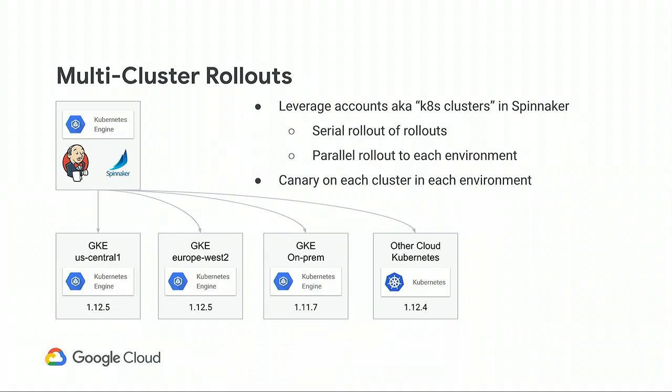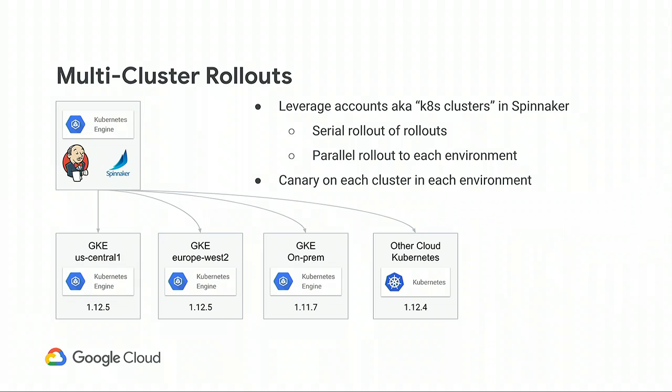So again, with Spinnaker, you can chain your rollouts, your deployments. So you start with a single cluster, deploy your canary to that one cluster, and if that one looks good, then roll it out to the rest of the fleet in that cluster, and then move on to the next one.